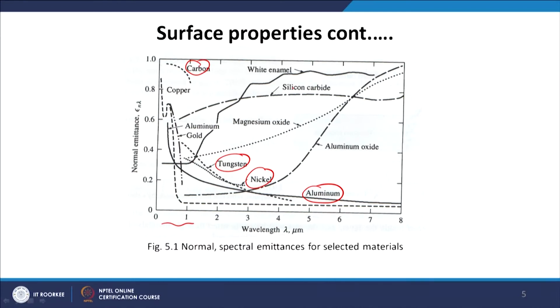Similarly, silicon carbide has very weak dependence on wavelength. Metals also show weak dependence, but there is a strong emittance in the short wavelength region, for aluminum for example, and for tungsten. At short wavelengths they have a large value of emittance, while at larger wavelengths the emittance is small but more or less constant with wavelength.